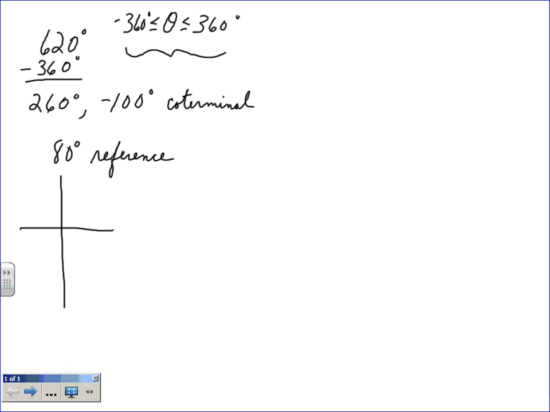Well, I know from here to here is 90, 180, to the other one here is 270. I want 260. So really what we want is this angle right there, which is 80 degrees. It's just one way to look at it. That's what I have to do sometimes. So your reference angle is 80 degrees.